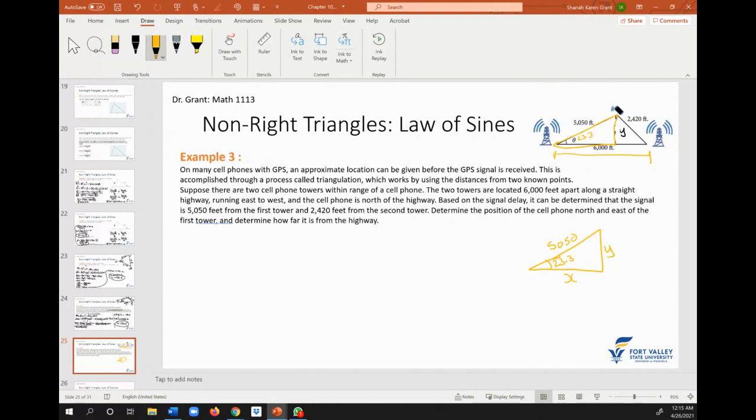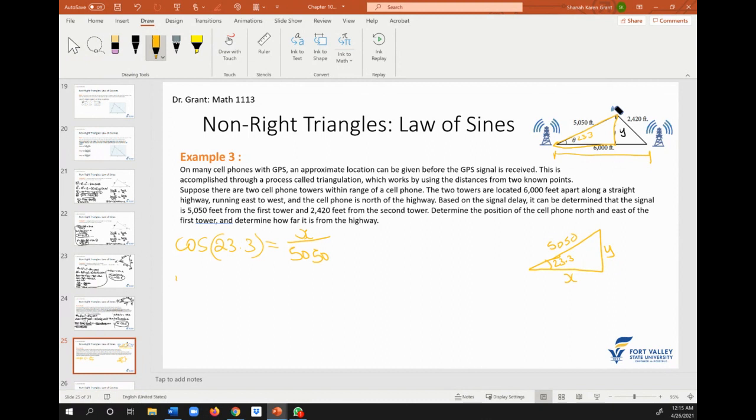Okay, so for instance, if we think about cosine of this angle, cosine of theta, which is 23.3, we know that cosine, based on SOHCAHTOA, is going to be adjacent over hypotenuse. In this case, adjacent is x over my hypotenuse, which is 50-50.